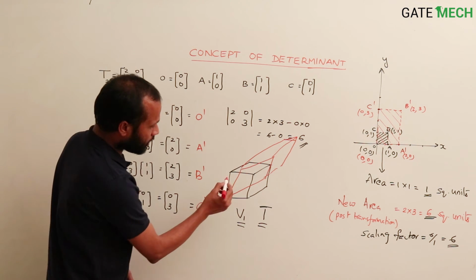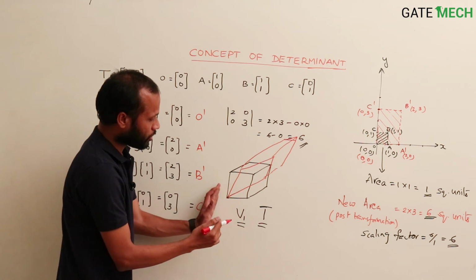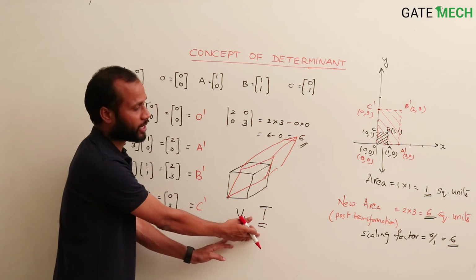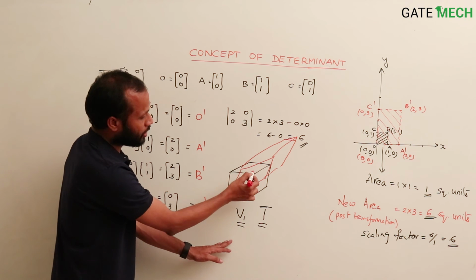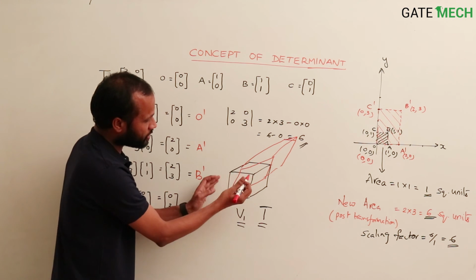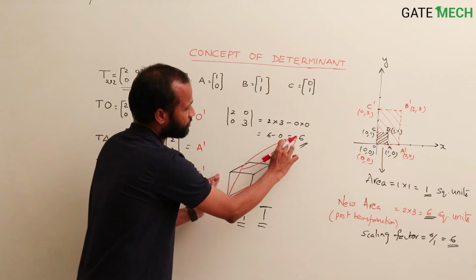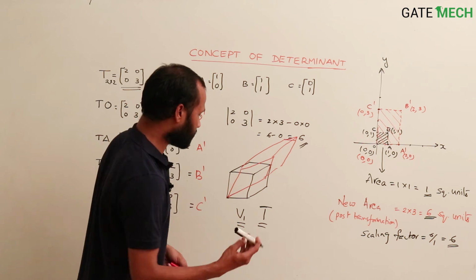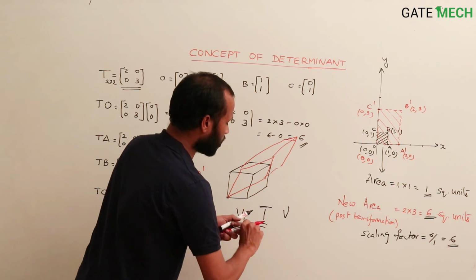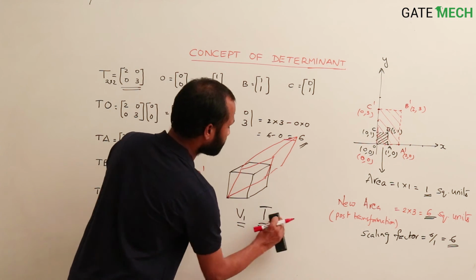So the black one is the original cube, and post transformation with this matrix, post multiplication of T, the transformation matrix, with all the corner points, you find the cube has been transformed into a new cube. Suppose that new volume is V2.